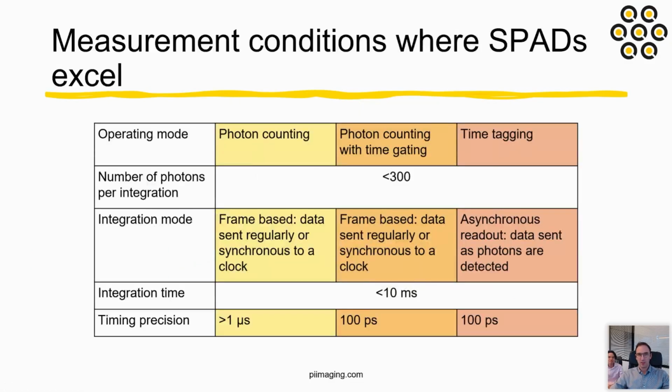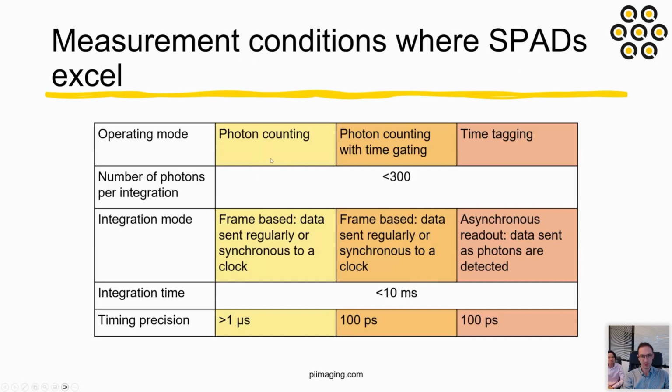Okay. To reiterate the measurement conditions that we want to target with SPADs, whether this is photon counting, time gating, or time tagging, we typically want to be below 300 photons per integration. We want to have the integration time typically less than 10 milliseconds. And we offer in these various operating schemes different timing resolutions.